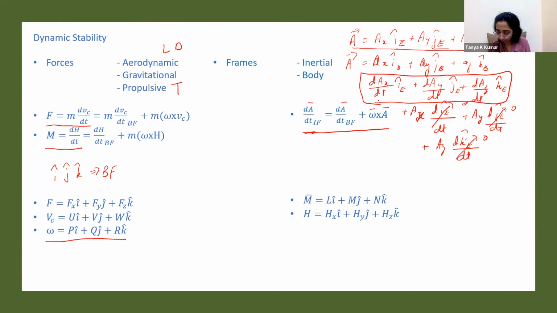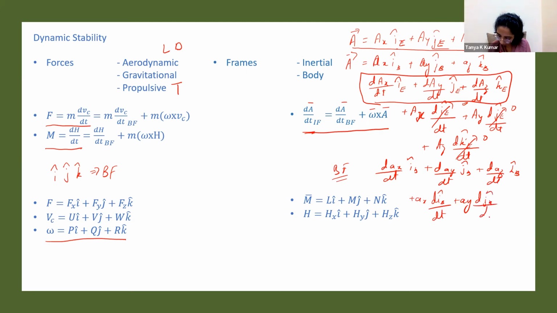Now, if you differentiate in the body frame, you have dAx by dt iB, dAy by dt jB plus dAz by dt kB. This is in the body frame. Plus Ax diB by dt plus Ay djB by dt plus Az dkB by dt.